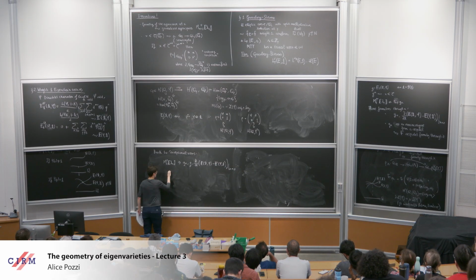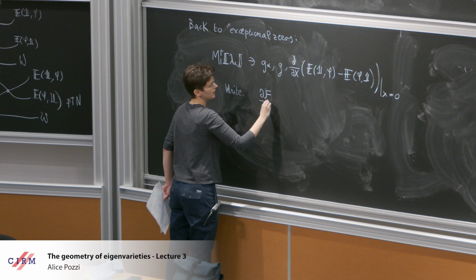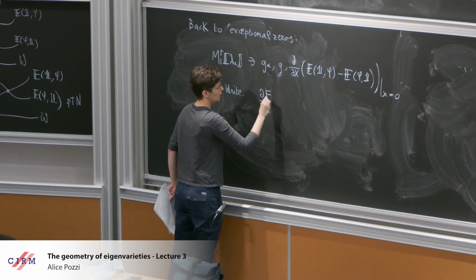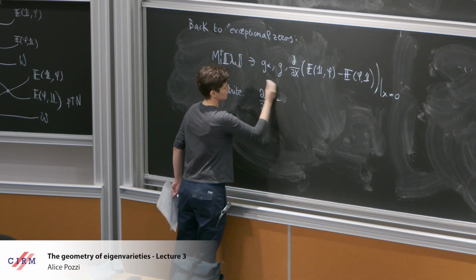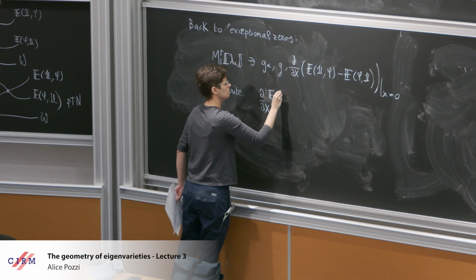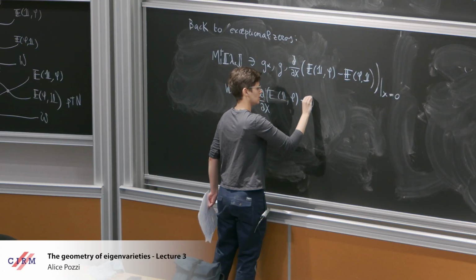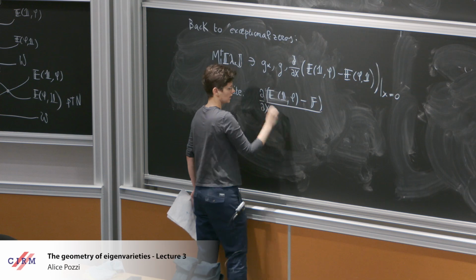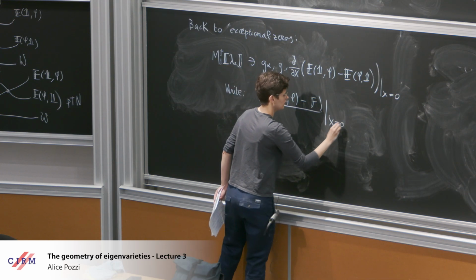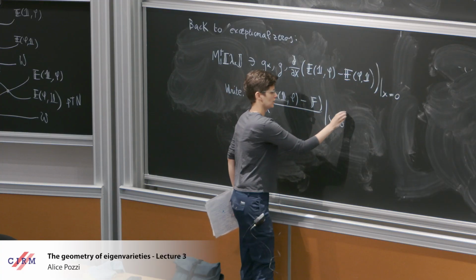So write this new derivative, maybe I'm going to take this one, as x equals 0, as a linear combination of these guys.